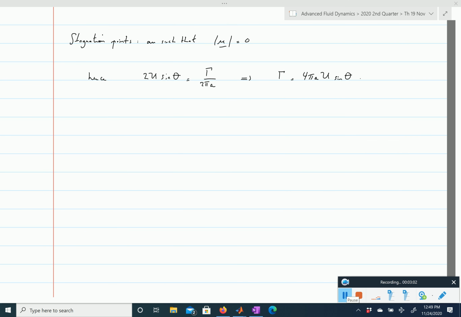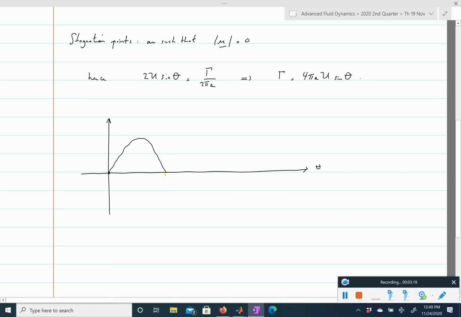So what can we infer from that? Let's plot the function 4 pi a u sine theta. This is a sine function. It looks like this: 0 at 0, it becomes 0 again at theta equals pi, and then at 2 pi.